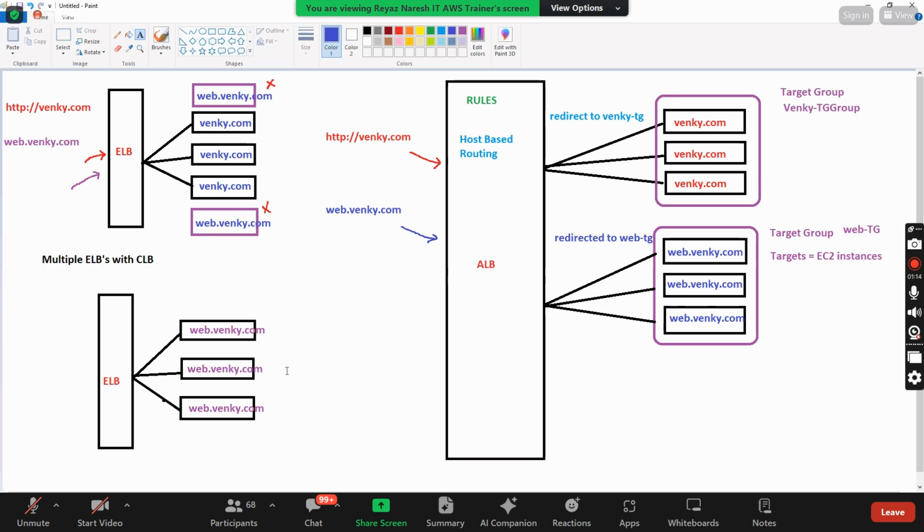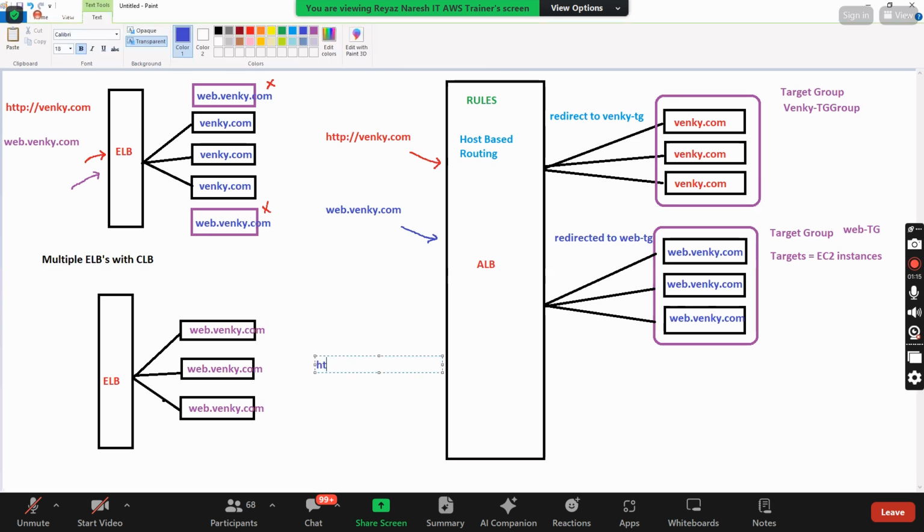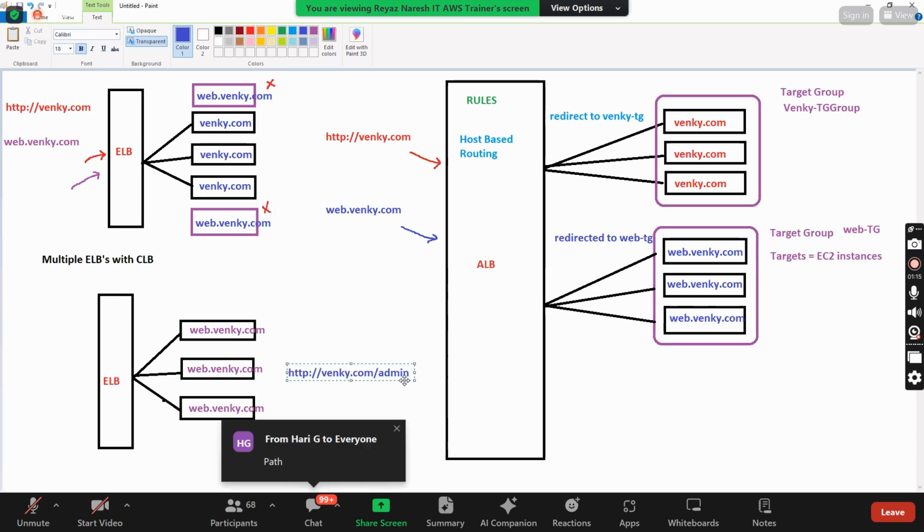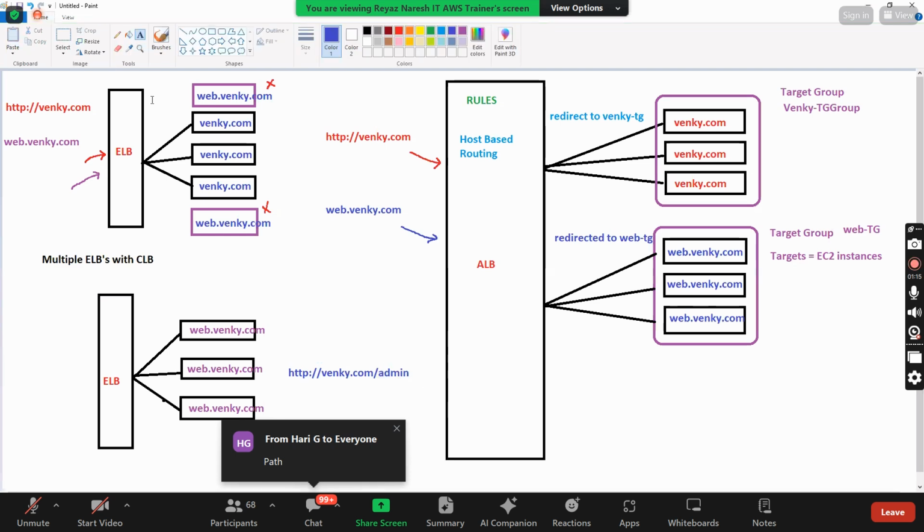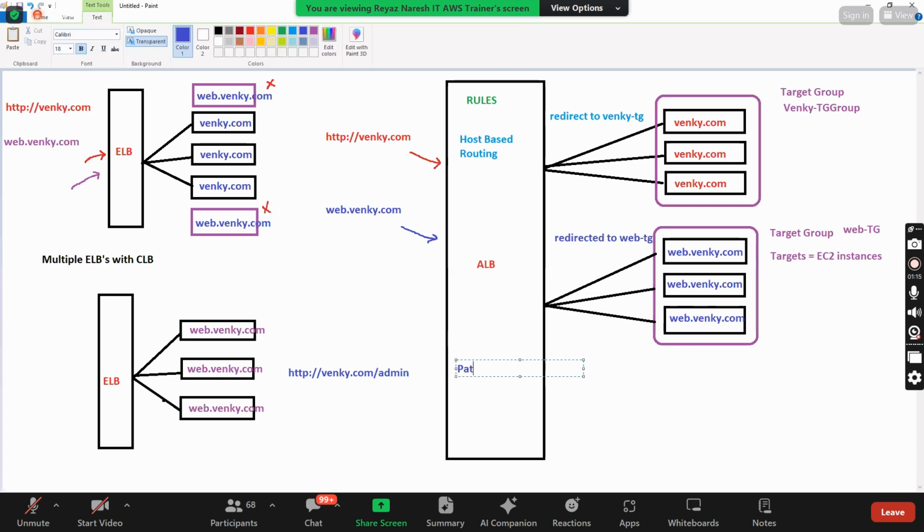Okay, there might be a few websites like this also. Developers, tell me, venki.com/admin. Path. Yes or no? So we'll have a website also like this with the path. So if you have a path like this, what do we create here? Path-based routing. What-based routing?